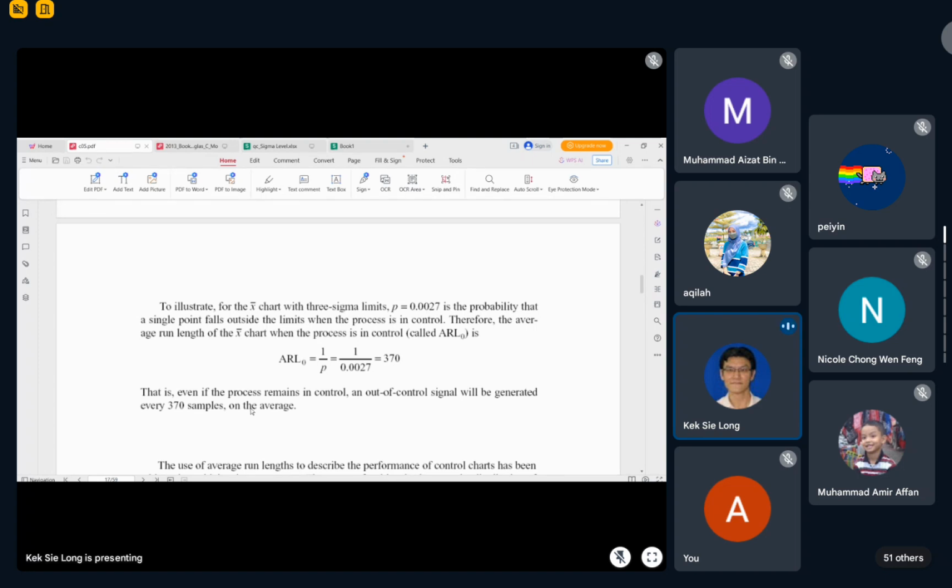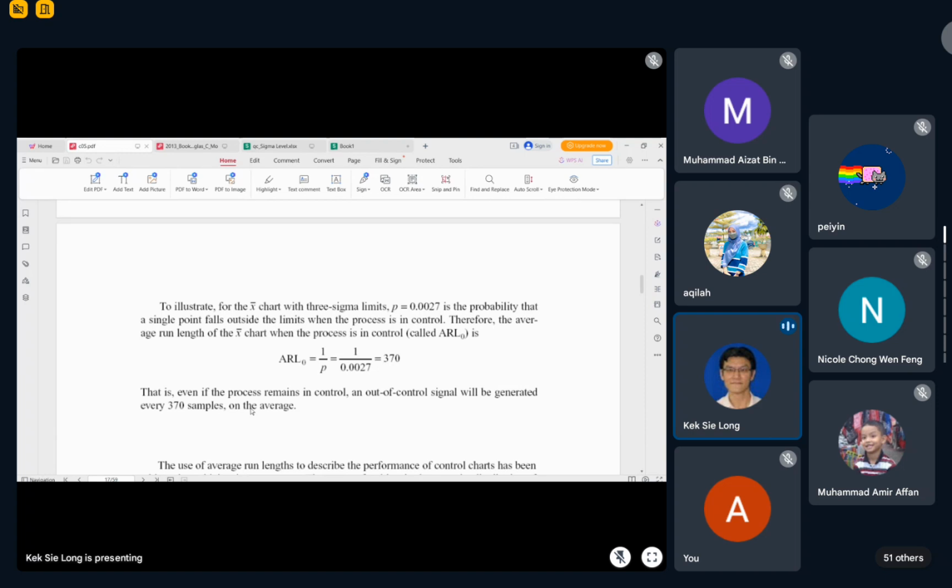Maybe you might ask, sir, we collect the data, we plot the control chart. Let's say I collect 20 samples, all in control. I collect another 20, become 40, still under control. So a junior QC might ask, when might an out of control signal happen?